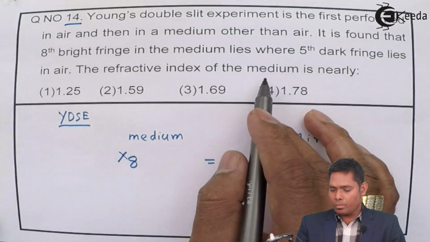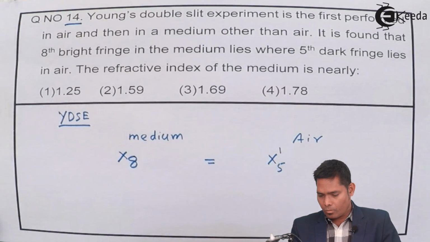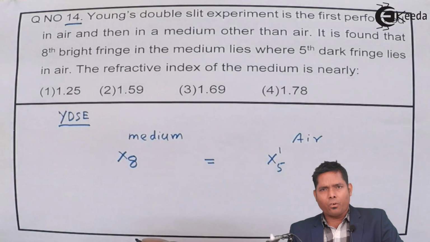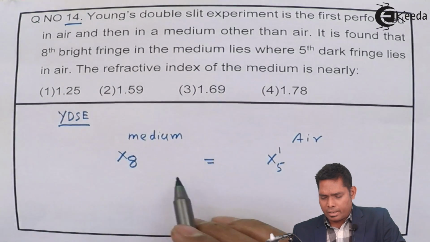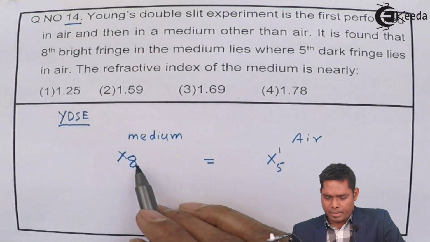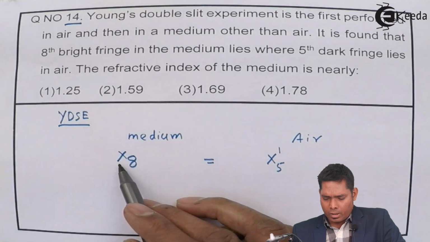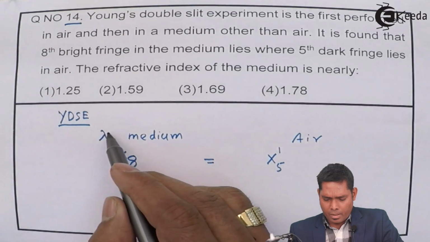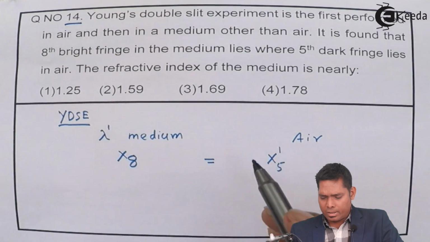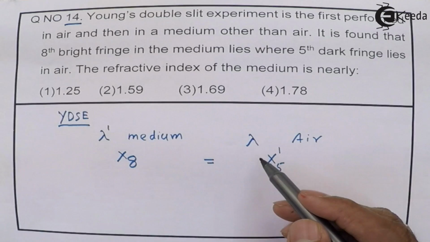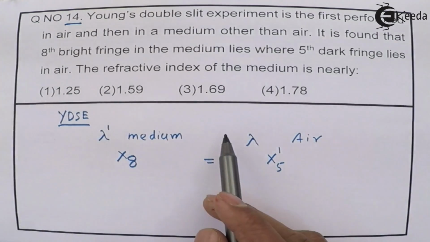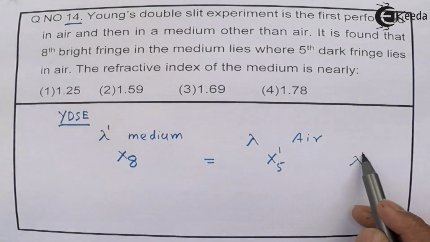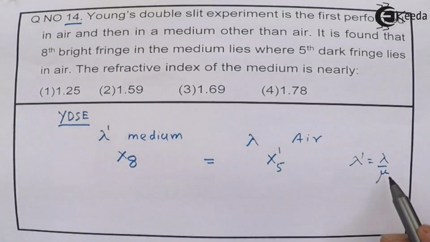The refractive index of the medium is nearly. Now we know that in double slit experiment, for this medium having wavelength, suppose lambda dash, for this the wavelength will be lambda, and these two are related with mu, because lambda dash is lambda over mu.